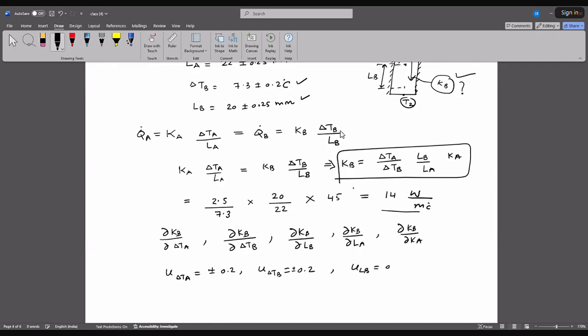ULb is 0.25 mm, so that is 10 to the power minus 3 meters. Then ULa is again 0.25.